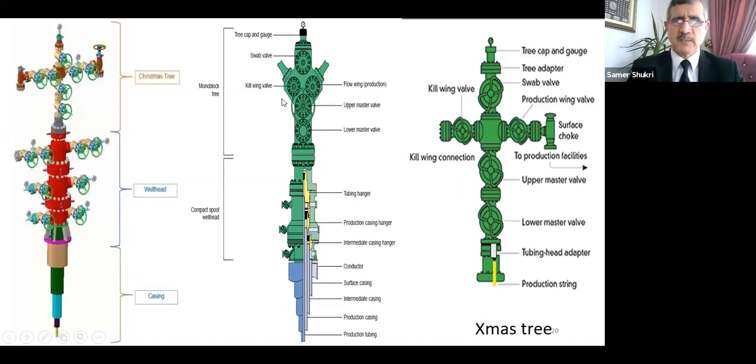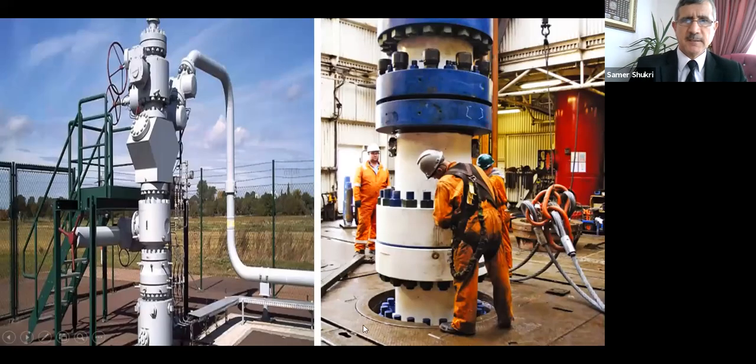Another type is the mono Christmas tree. You see three types of wellhead: casing, casing wellhead, and above it the wellhead, and then the Christmas tree.